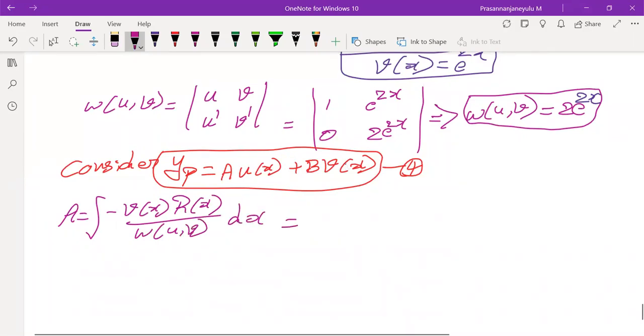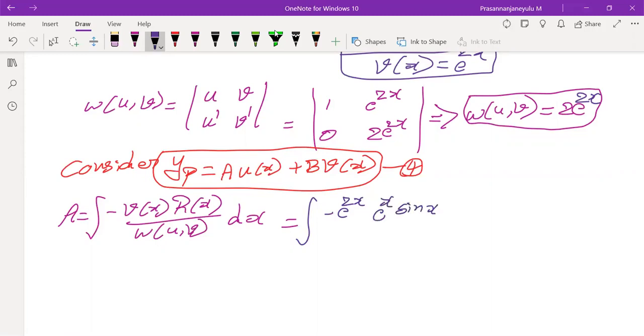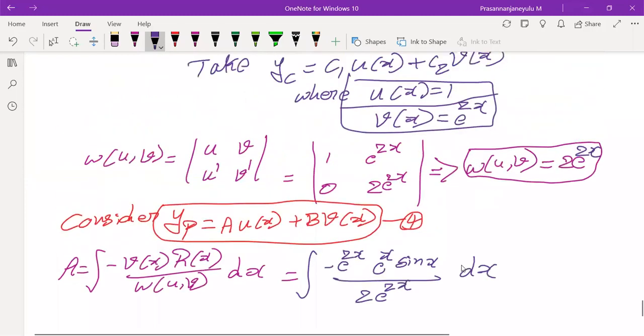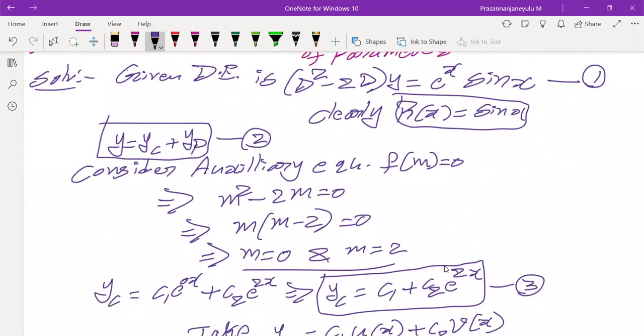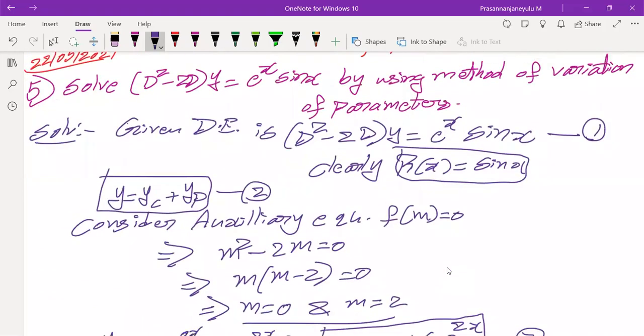Which is equal to, we have to substitute v. What is v? e power 2x. So minus e power 2x into r of x, and what is r of x? e power x into sin x, divided by W of u comma v, which is 2 into e power 2x, into dx. Check. What is r of x? Sorry, I mentioned it wrong here.